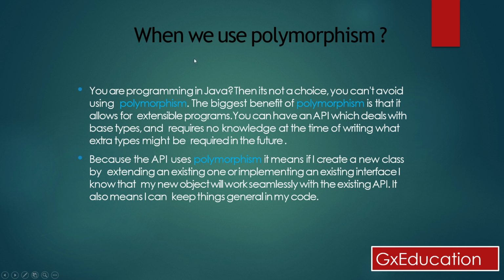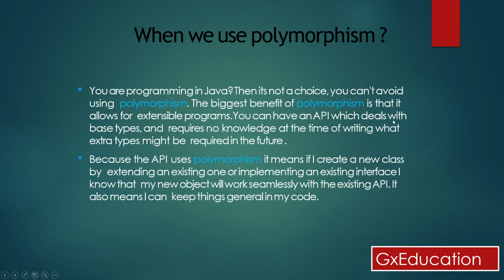So you can say that when you are programming in Java, using polymorphism is not a choice. It is not a choice when you are doing programming. You can't avoid using polymorphism. The biggest benefit of polymorphism is that it allows for extensible programs, because polymorphism allows for extensible programs.